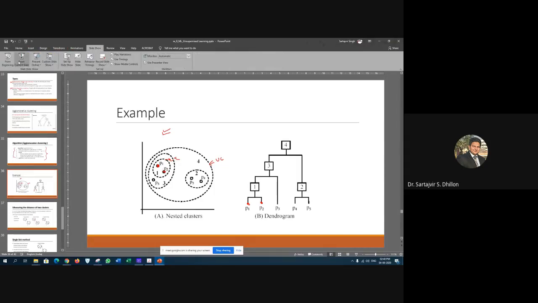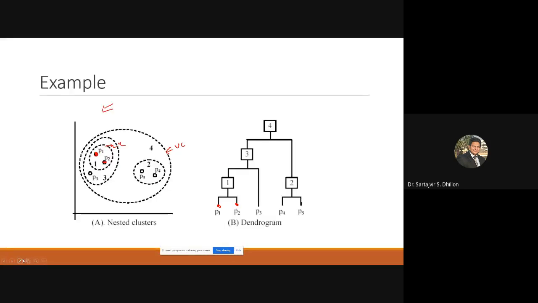Let us start with this slide so that you can remember it. In the first approach, which follows bottom to upper, this is the bottom part and this is the upper part. In agglomerative, which follows the bottom-up approach, we first have some points.